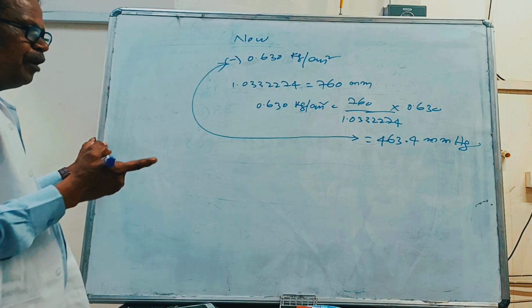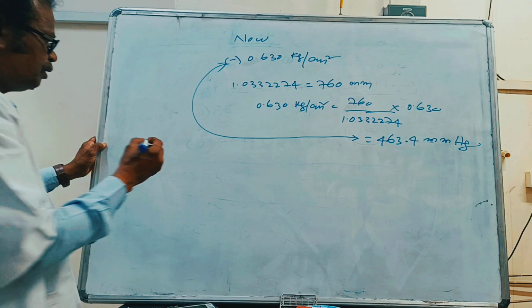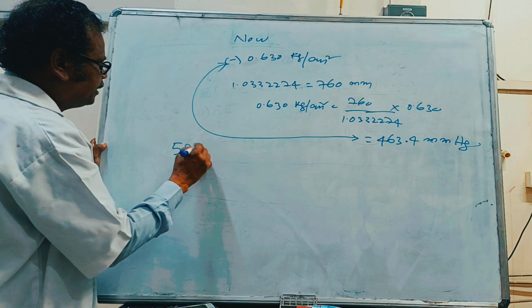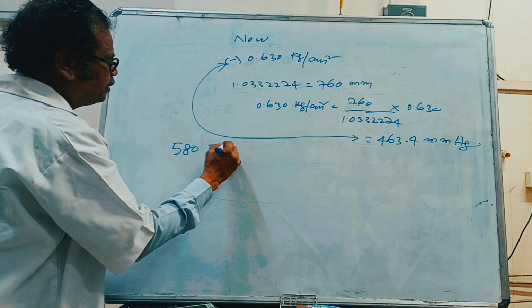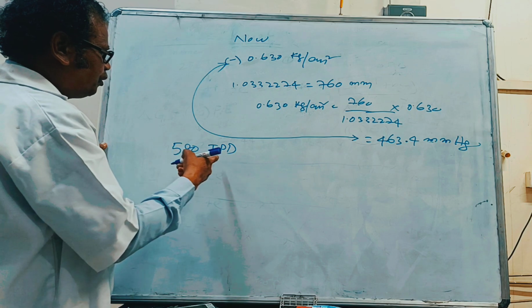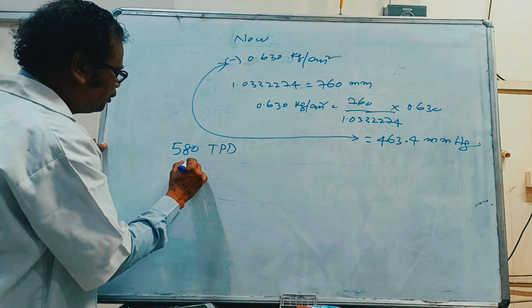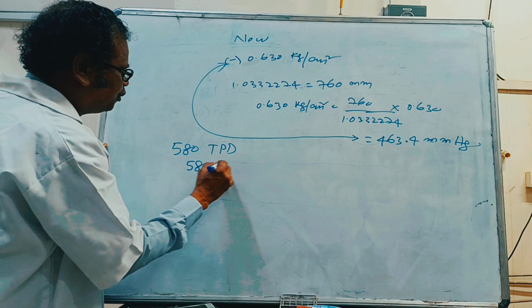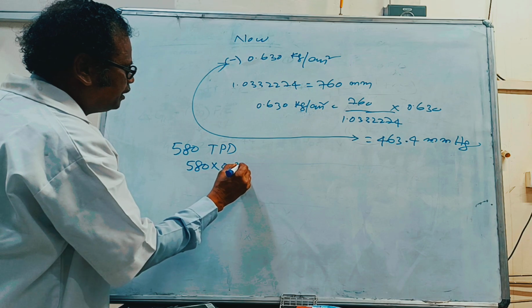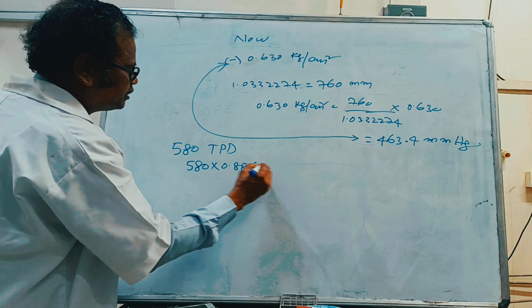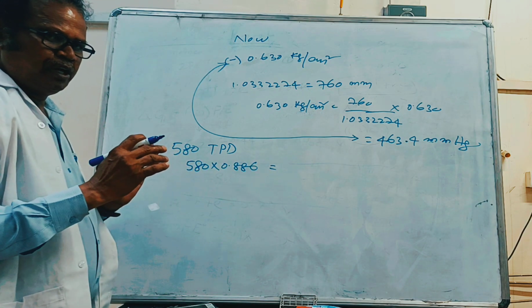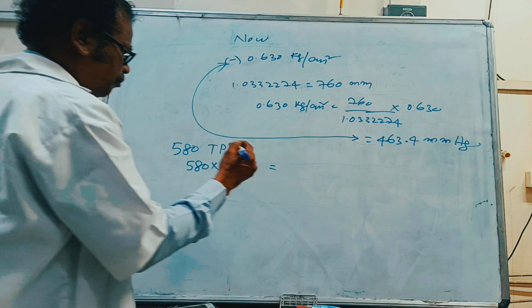Now our production is 580 TPD, tons per day. 580 into 0.886 is equal to the total production of chlorine.